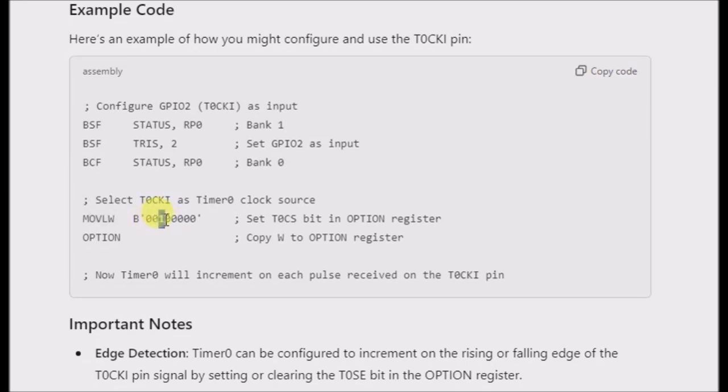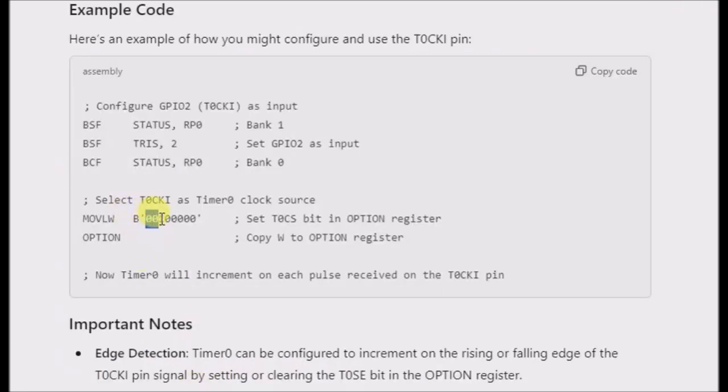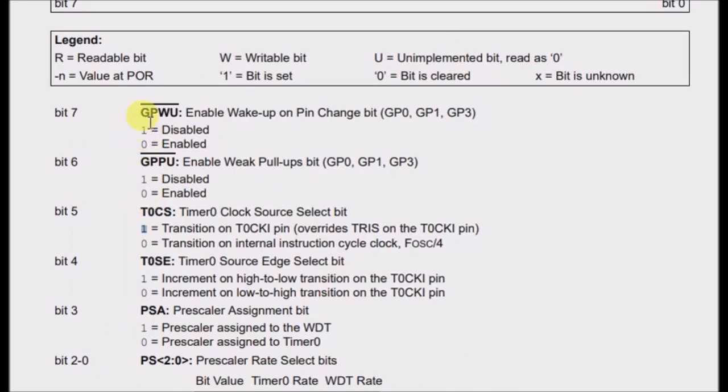It sets bit 5 to a 1, which selects, or it sets the TOCS bit in the option register, which makes this TOCKI pin an input TOCKI pin by giving it a 1. And who knows what it's thinking, but it's actually enabling the wake up. Or no, it's enabling the wake up and the weak pull-ups. Maybe it doesn't really know what it's doing. But then it's actually giving this a 0, increment on low to high transition.